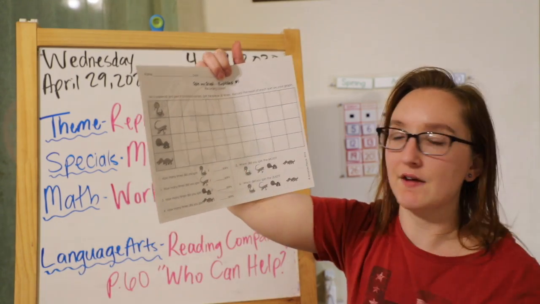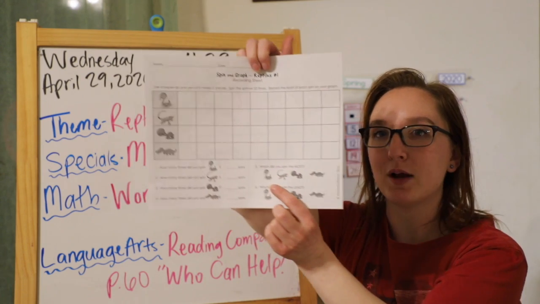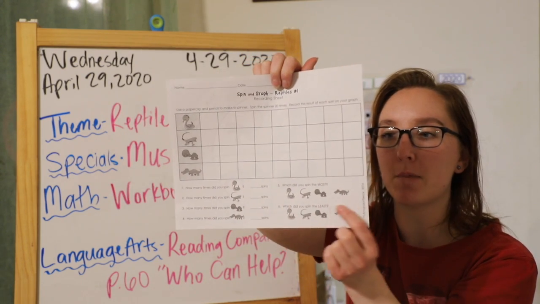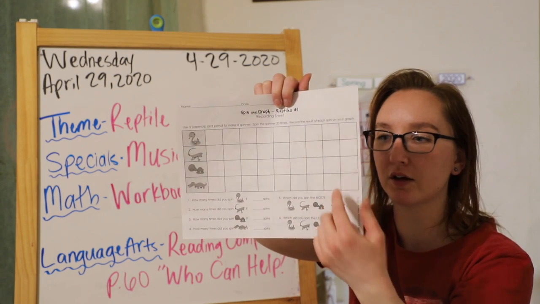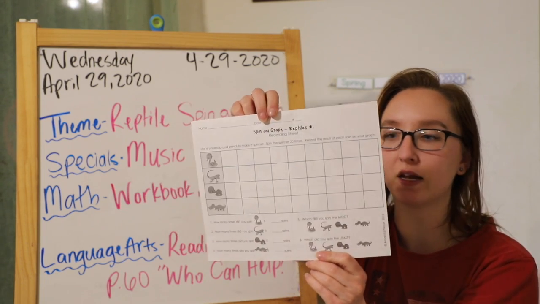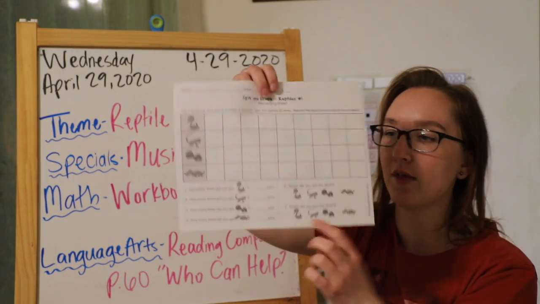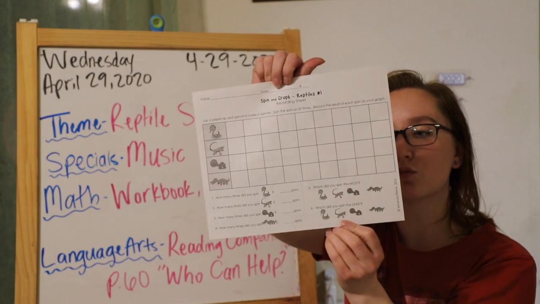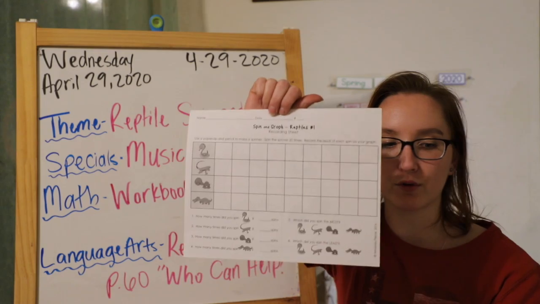And it's going to have that for the turtle and the alligator also. Then it wants to know which one did you spin the most of them. So which one has more squares colored in? That'll tell you which one you have spun the most. So you circle that one. And then it wants to know which one did you spin the least. So you'll circle that one.